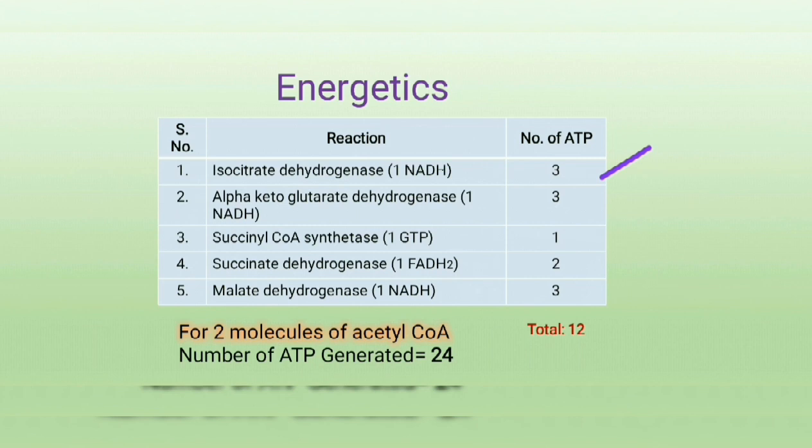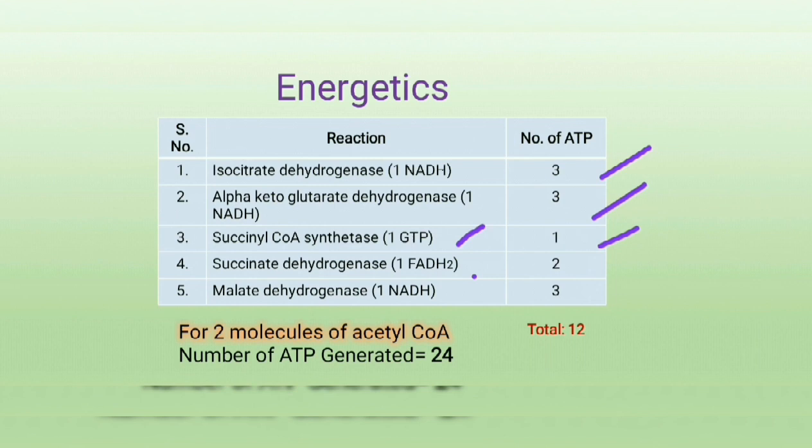And the second one is the alpha ketoglutarate dehydrogenase in the reaction which produces one NADH. Now when it comes to the number of ATP molecules, it is 3 ATP molecules. And we have succinyl CoA synthetase which produces GTP, and the GTP is converted into ATP. So we have got one molecule of ATP.